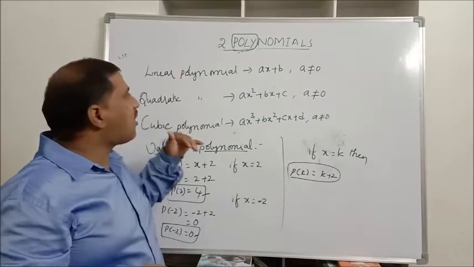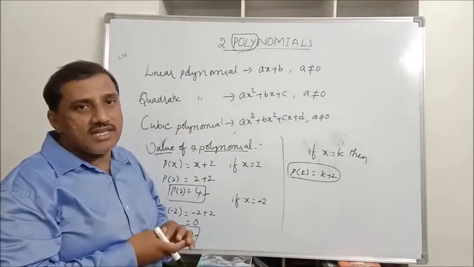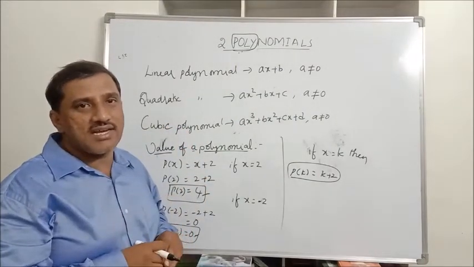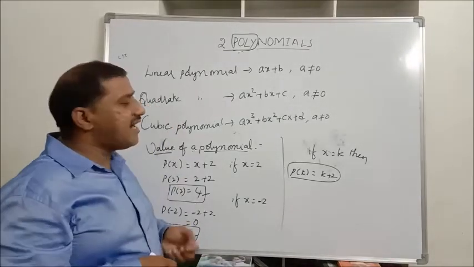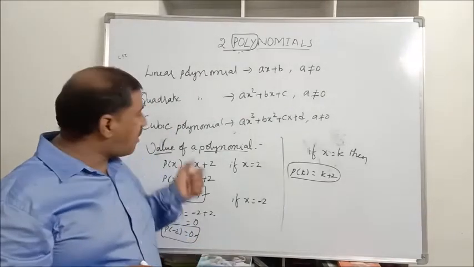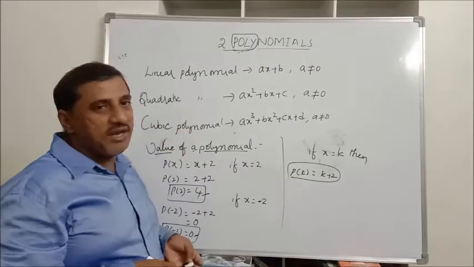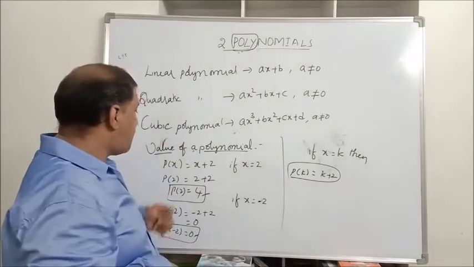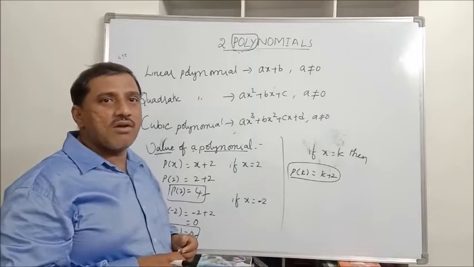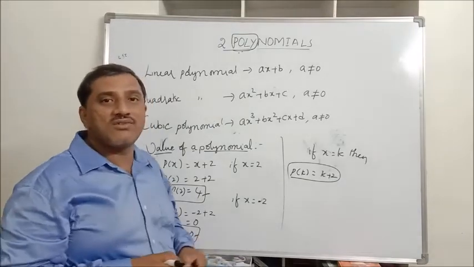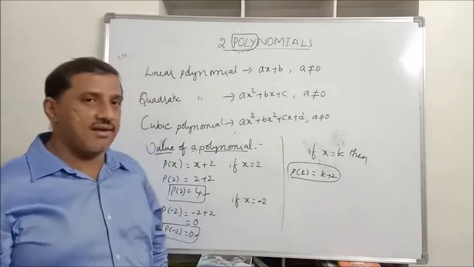Similarly, we have studied quadratic polynomials, that is finding factors, called factorization. Now we are going to study finding zeros of quadratic and cubic polynomials here in the 10th standard, and also the division algorithm of cubic polynomials.